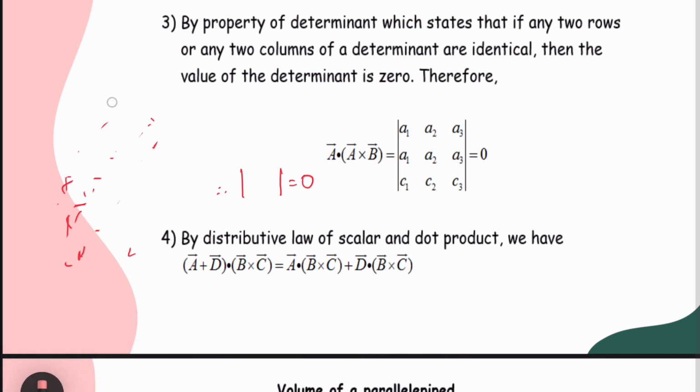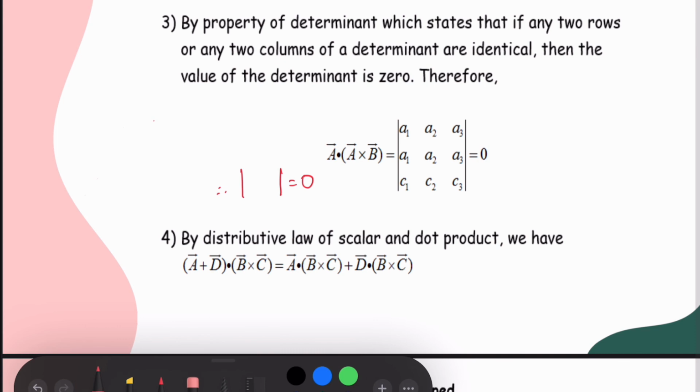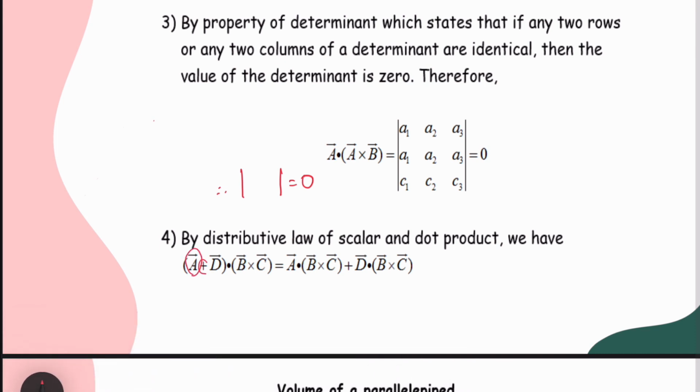By the distributive law of scalar and dot product, if you have the vector A plus vector D, dot product with vector B cross C, what can you do? You take each one and dot it with this one.